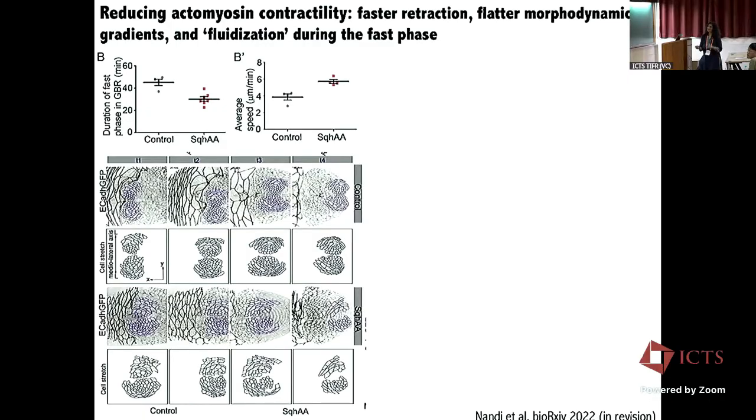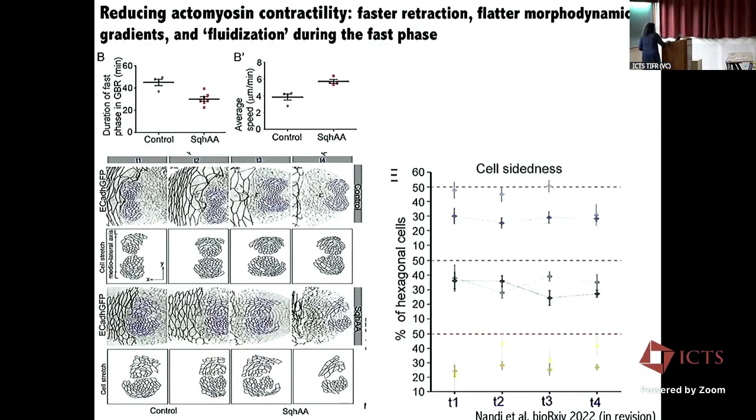This suggested to us that reducing actomyosin contractility affects the early part of retraction by hastening it, but also flattens the gradients in this radially organized structure and promotes cell intercalation across all populations in this structure.